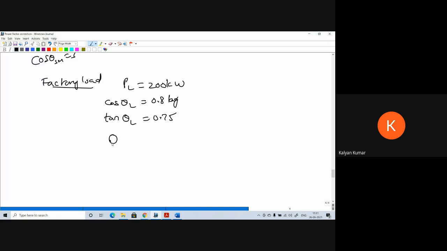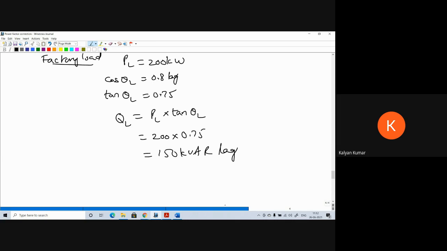Therefore, the reactive power at the load, QL, is PL into tan theta L. PL is 200, tan theta L is 0.75, so QL is 150 kVAR lag. Okay.